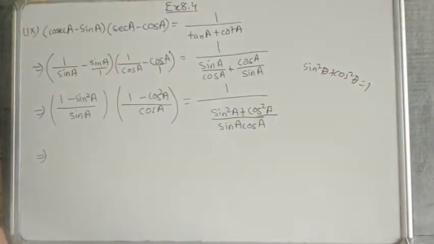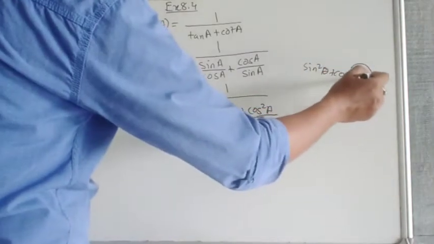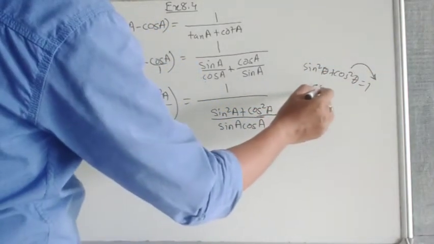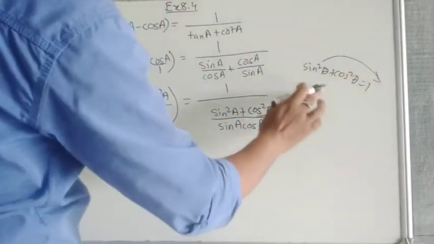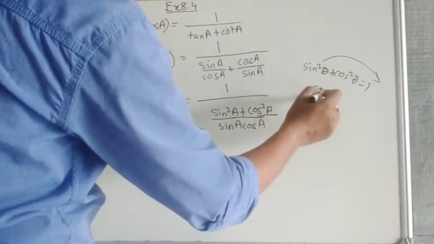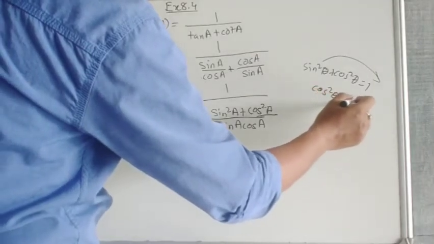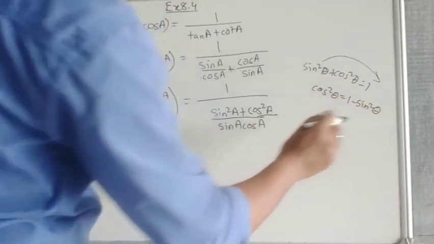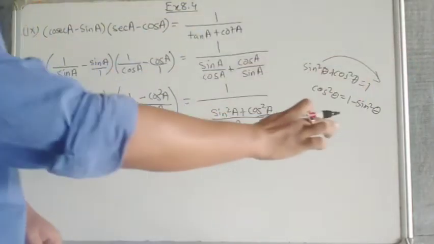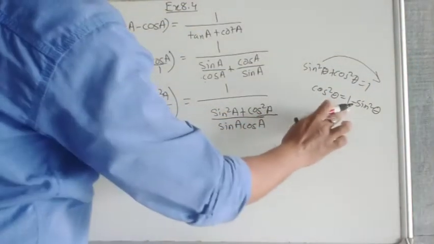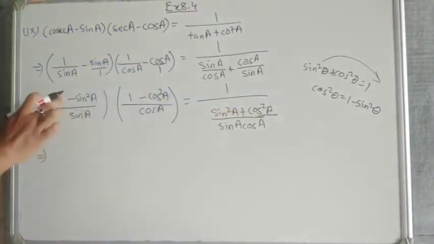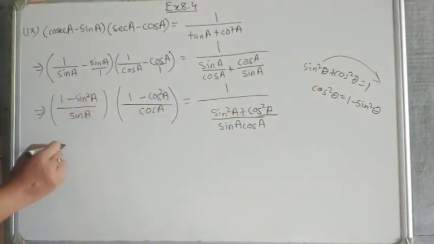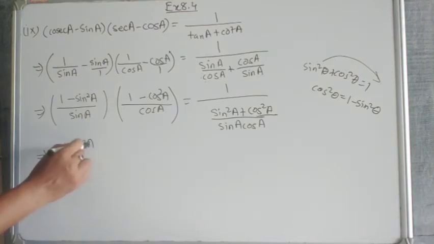If I bring sin square theta to that side, the remaining cos square theta is equal to 1 minus sin square theta. Is it or not? The sin square theta will go to that side. So this 1 minus sin square theta is cos square theta. 1 minus sin square A is our cos square A.